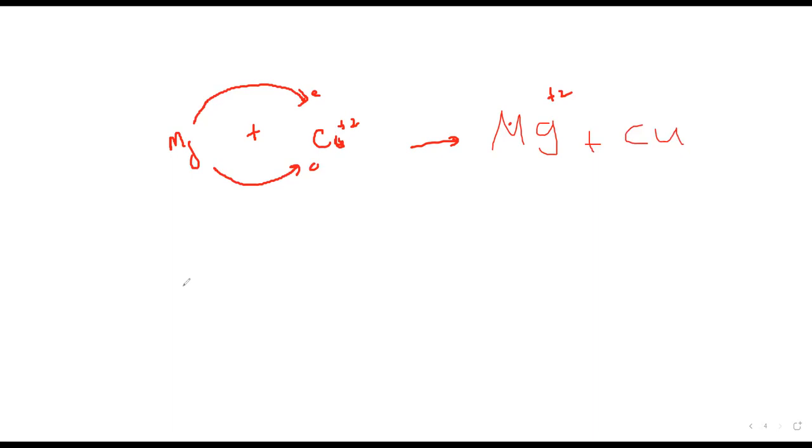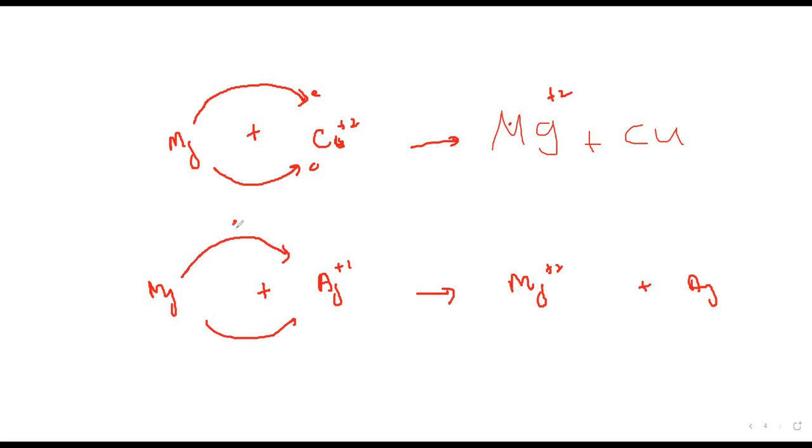But what if I repeat the same experiment with a silver ion and magnesium? Magnesium is more reactive, so it should be 2+, and a silver atom will be formed. But the problem here is that the equation is not balanced in terms of charge. Magnesium is losing 2 electrons, but one silver ion can gain only 1 electron. So how many silver ions should there be?